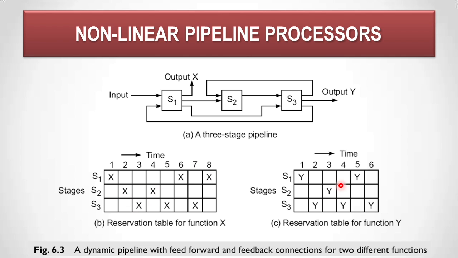Function x takes 8 clock cycles to execute, and function y takes 6 clock cycles. This is a dynamic pipeline example with feed forward and feedback connections for two different functions.